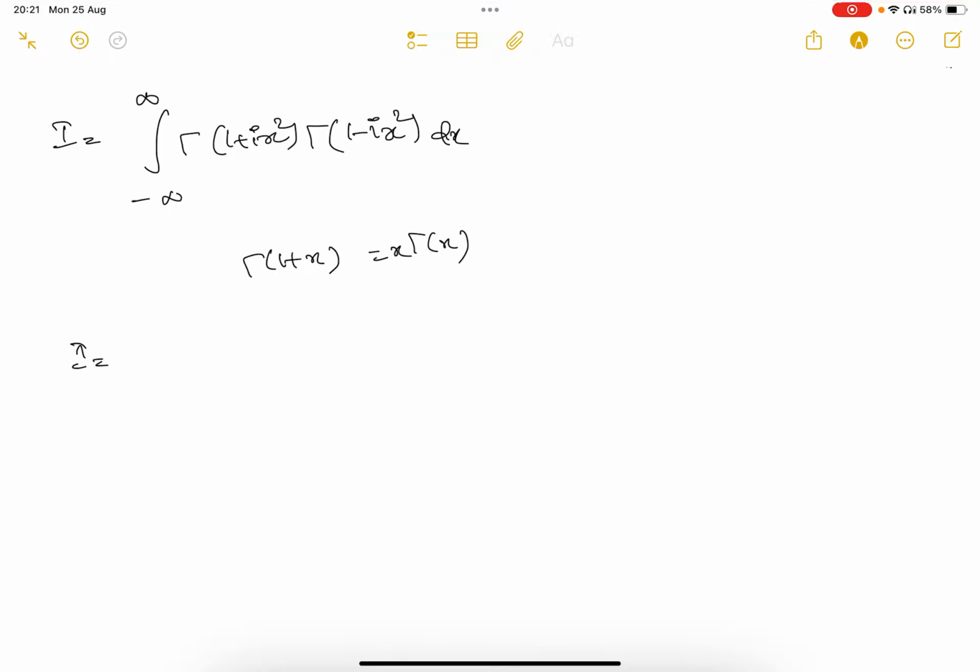Then I will be the integral from minus infinity to plus infinity.